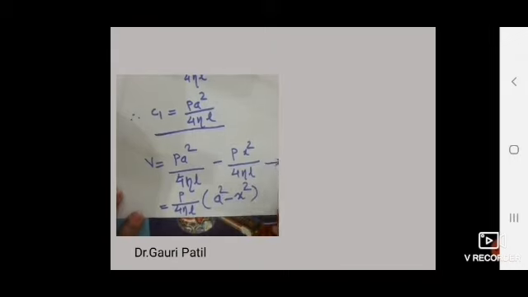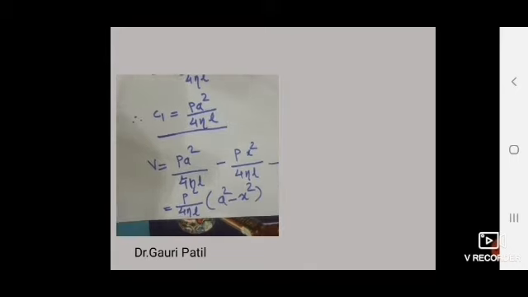This is equation number 1. It gives the velocity of flow of liquid at a distance x from the axis of the capillary tube, and it is the equation of a parabola.